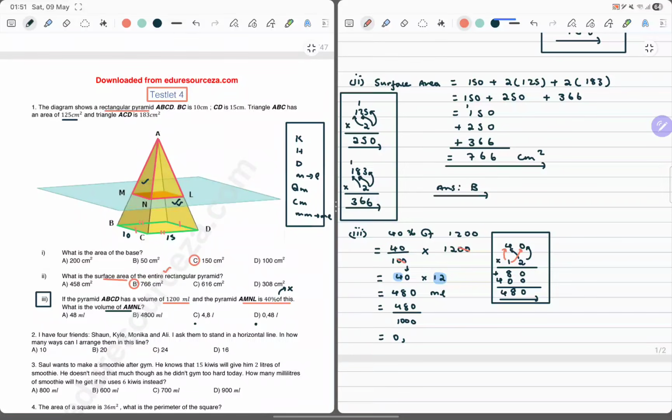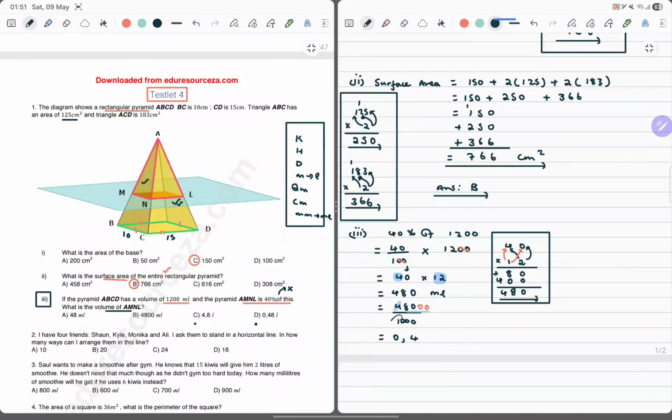Put a comma. Now as soon as you do this, you add a 0 there. You ask again, how many times does 1,000 go into 4,800? Can you see it goes 4 times, remainder 800. So we're going to say 4 here, but there's a remainder of 800. Now the 4 is out. Now you add a 0 here. Now all you're going to be focusing on is the 800, not the 4.